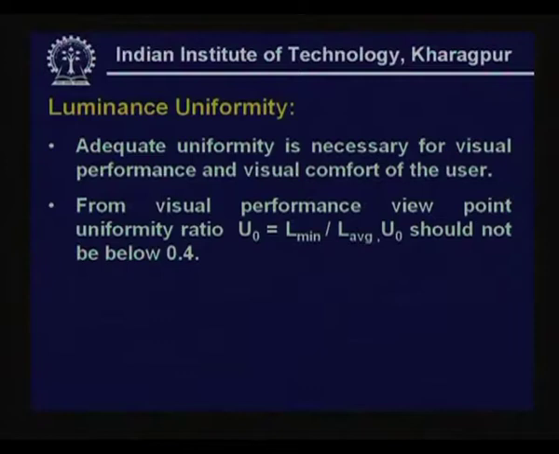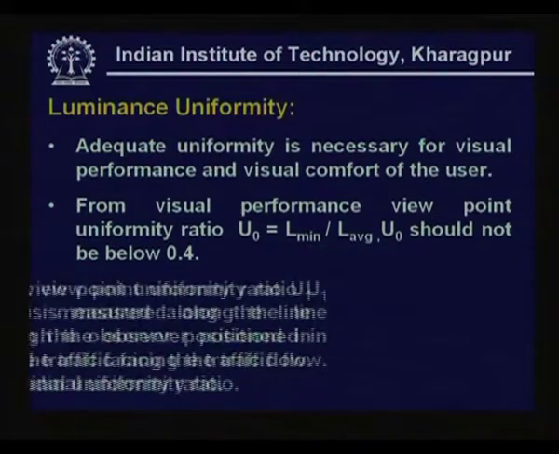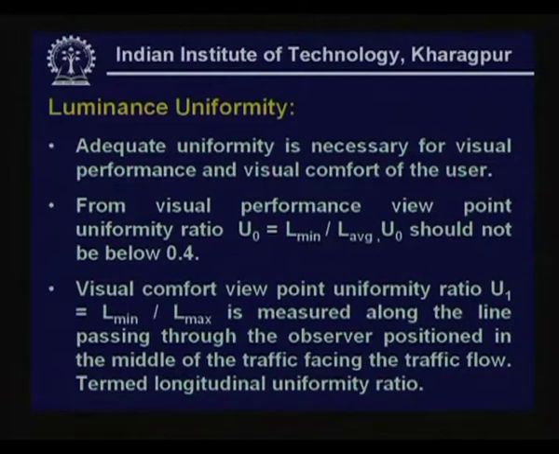U sub 0 is recommended never to be below 0.4. So, the visual performance index is talked about in terms of the uniformity ratio U naught, which should never be less than 0.4.